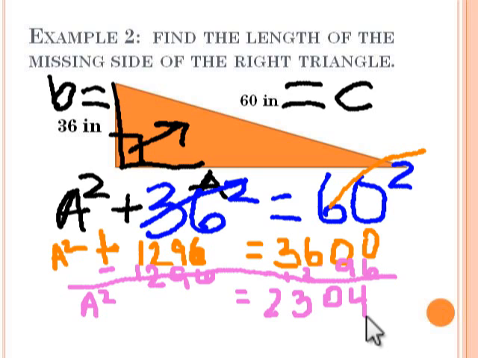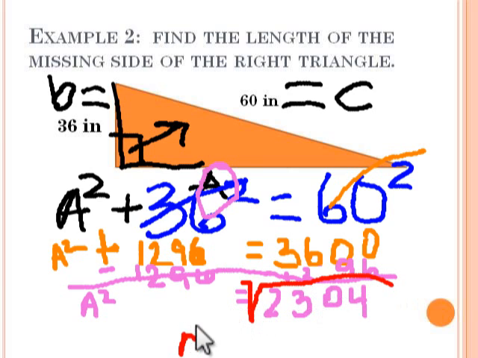And then, if you remember from the last problem, once we have A squared equal to 2304, our job isn't to find A squared. Our job is to figure out what A equals right here. Then we have to take the square root of 2304.